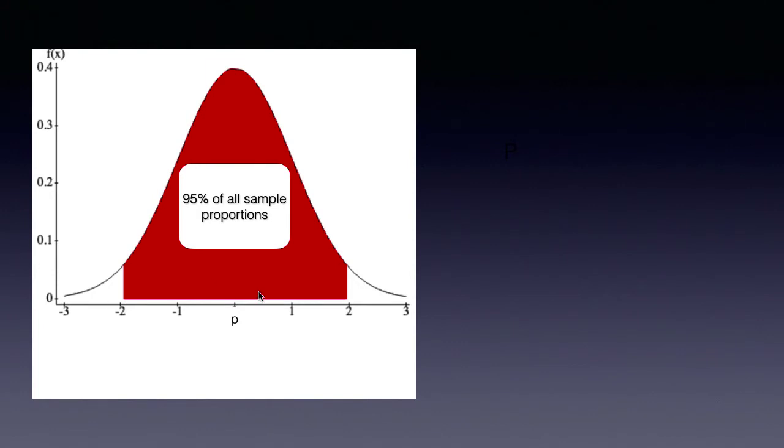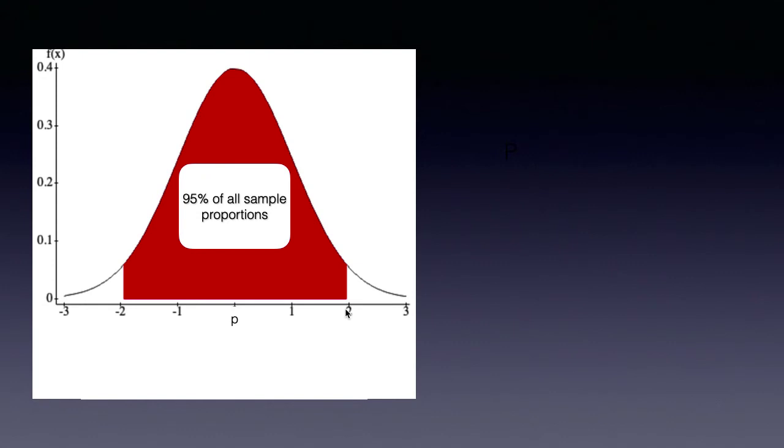So the question now is, how far out can I go? And when I ask how far out can I go, one of the measures that we talked about back in chapter 3 when we talked about sampling was z-scores. And remember, z-scores are the number of standard deviations away from the mean.